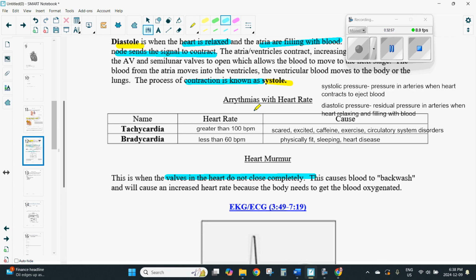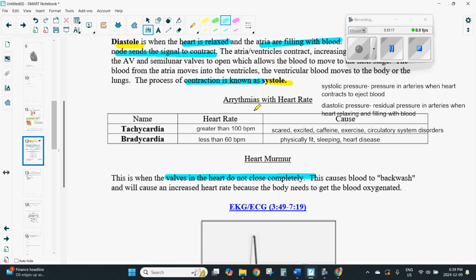This is going to cause an increased heart rate, which might go to the point where it's referred to as tachycardia, because your body still needs to send oxygen to the body. Your heart doesn't know any different. It just knows that all of the cells of your body need oxygen.